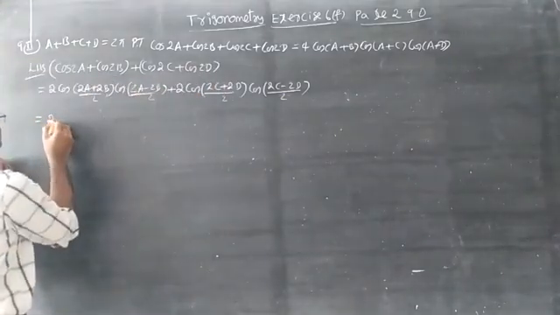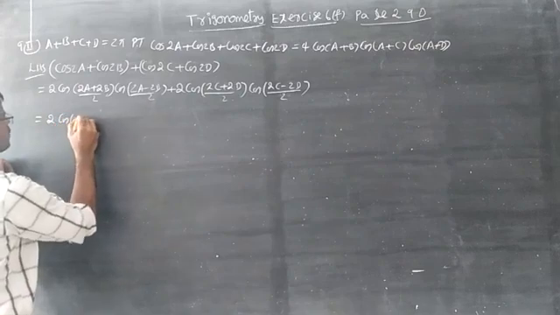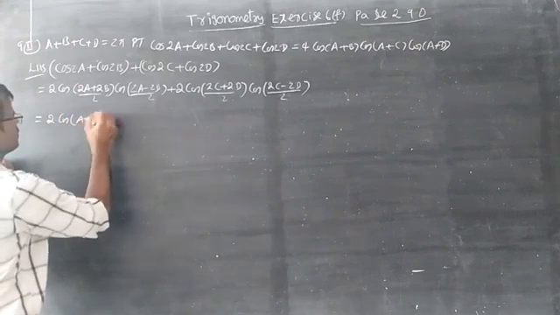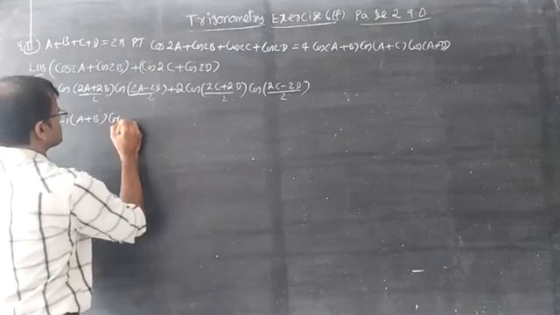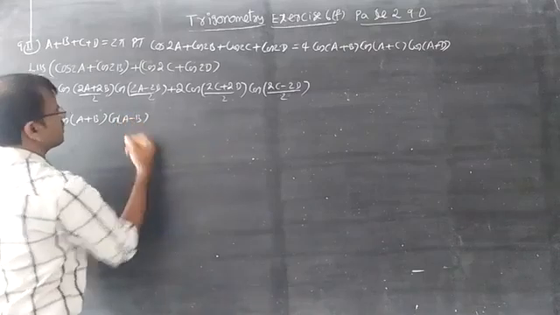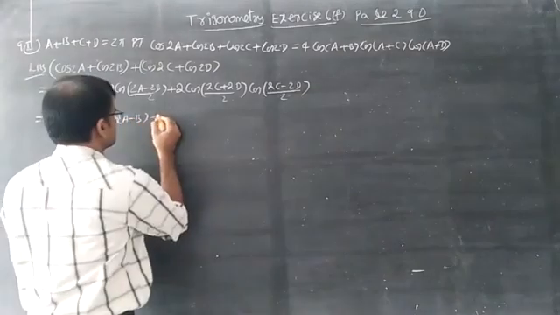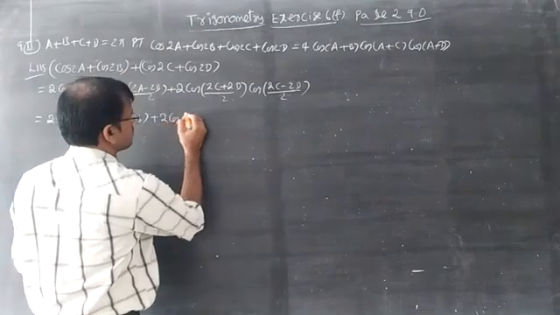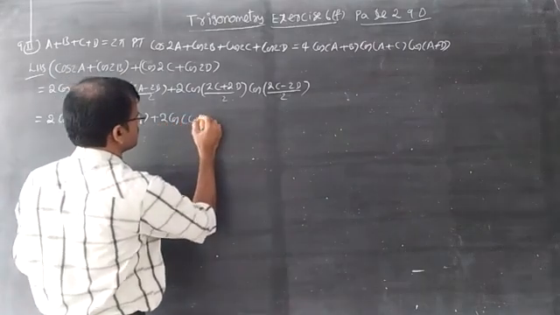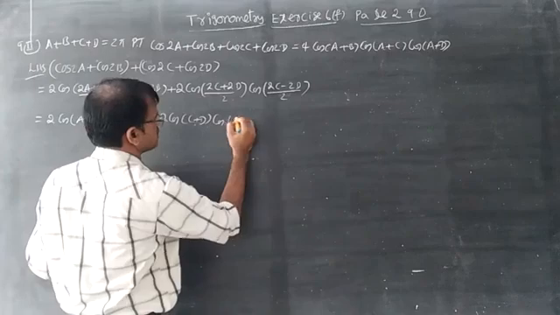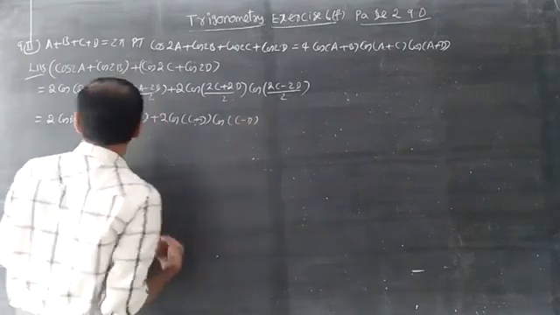That is equal to 2 cos of a plus b into cos of a minus b plus 2 cos of c plus d into cos of c minus d.